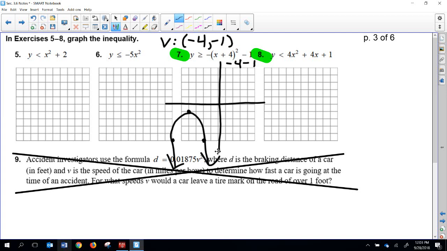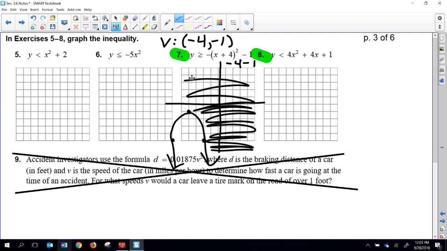So all of this region then would be shaded. It's a little hard for me to shade with this. Yours will look a little nicer. So what that tells me is any point that lies in that shaded region is a solution. Any point in that shaded region is a solution. If it's not in the shaded region, it's not a solution.